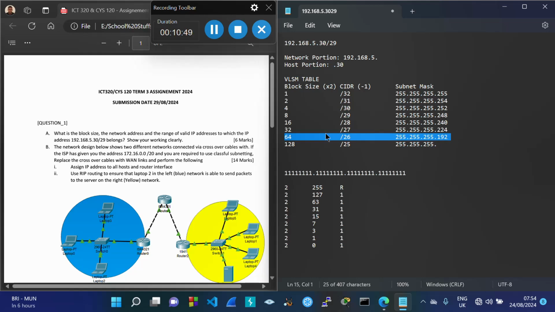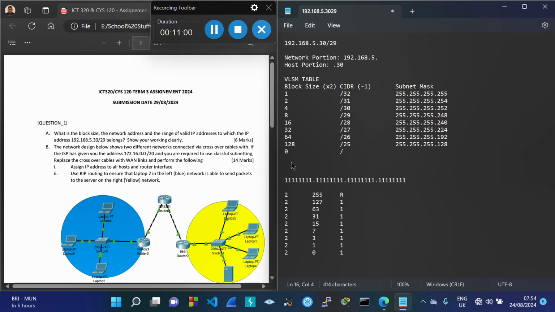So 192 minus 64, which is 128. Okay, now after you reach 128, under the block size, you just put a 0. Now 25 minus 1, we have 24. And then this portion, we have 128 minus 128, which is a 0.